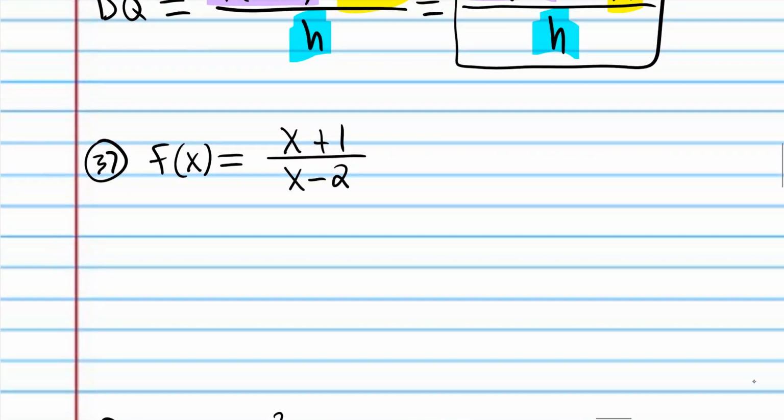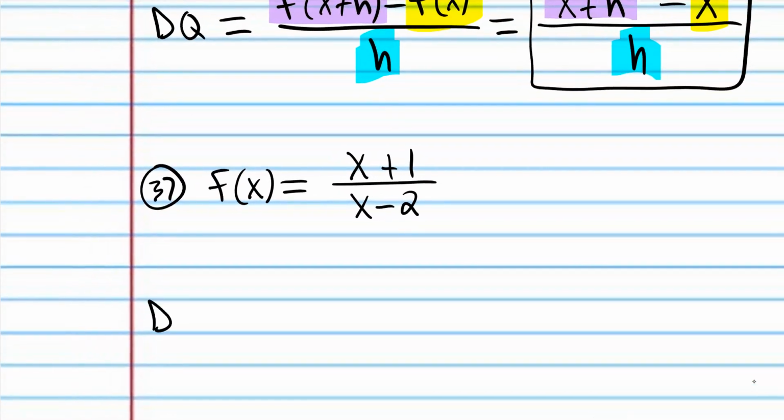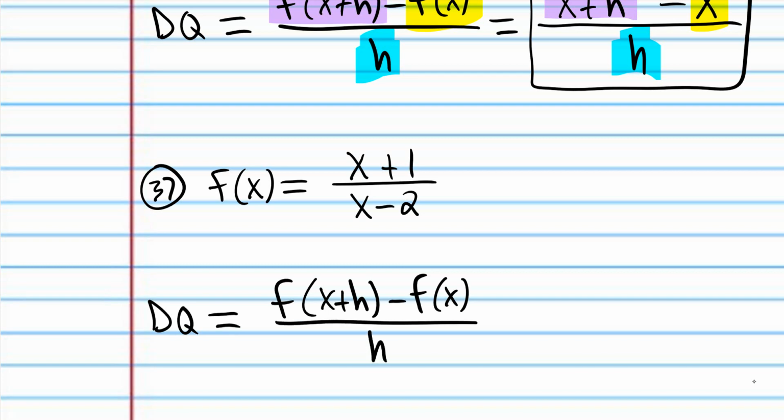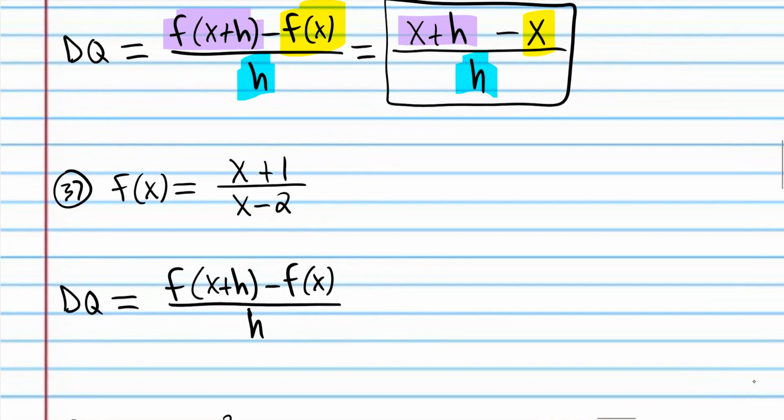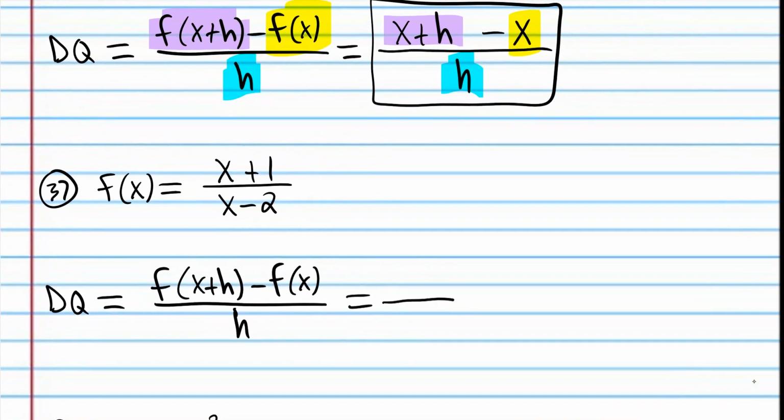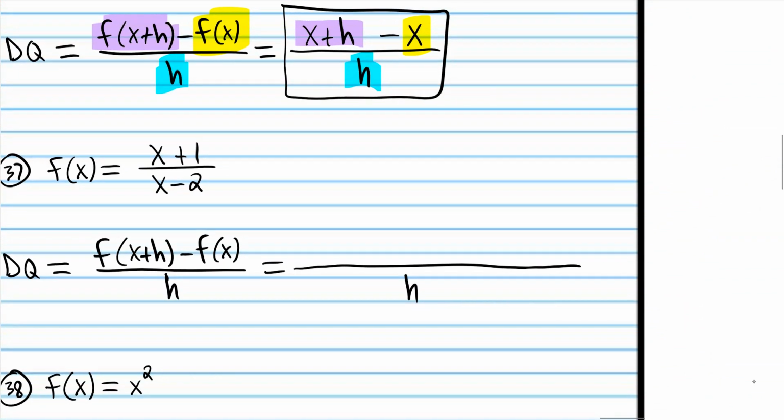So let's do one more of these. The difference quotient is equal to f of x plus h minus f of x, as we talked about, over h. Let's do the easy part first. We're going to rewrite h. And then we're going to rewrite f of x, which is just x plus 1 over x minus 2.